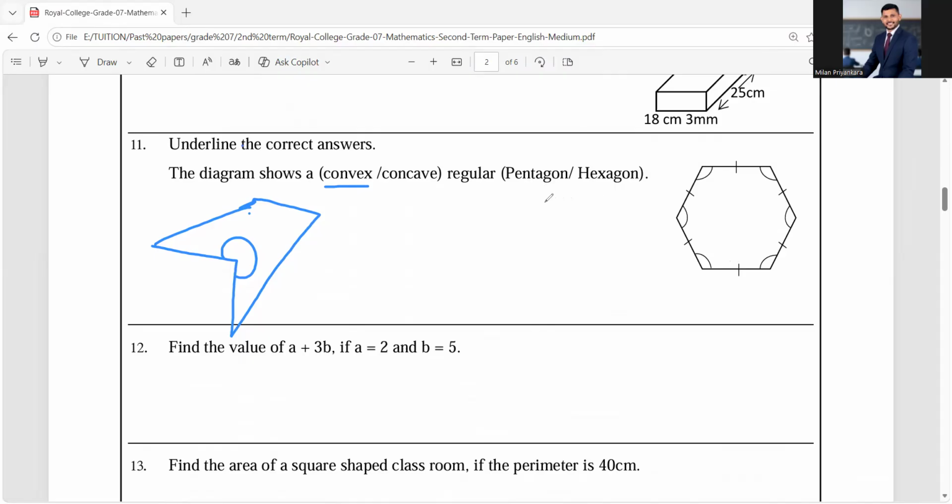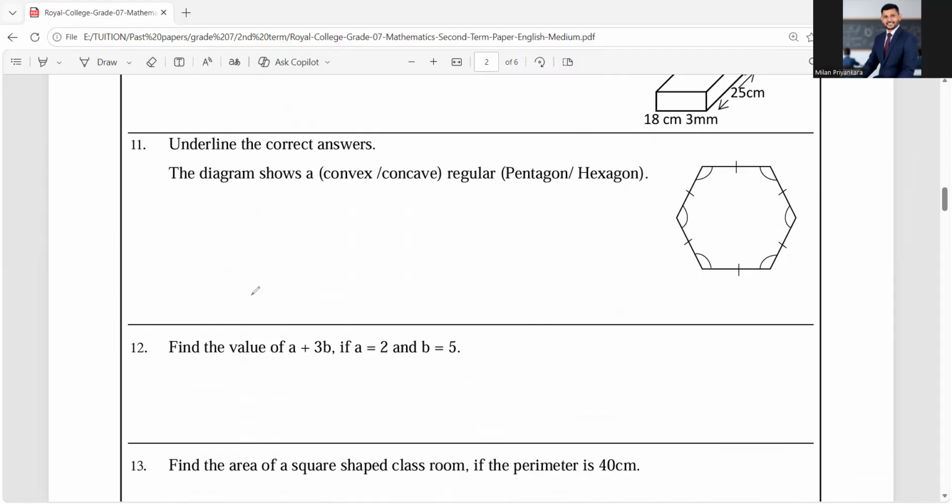Pentagon has 5 sides. Hexagon has 6 sides. You can see that this has 6 sides, so it's a hexagon, right? And heptagon has 7 sides, and octagon has 8 sides, and so on. If it has 4 sides, it's a quadrilateral, right?